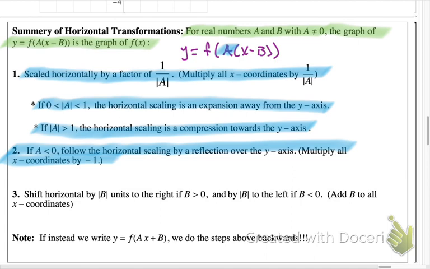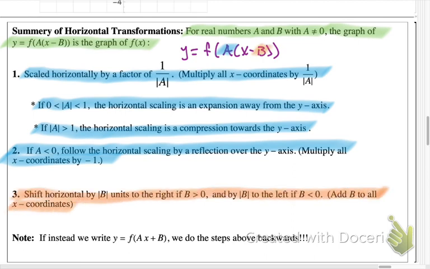Alrighty. So, number 3, shift horizontally by the absolute value of b units. Now, if you come back up to the top, in my purple expression y equals f of a times x minus b, I'll highlight b in orange.